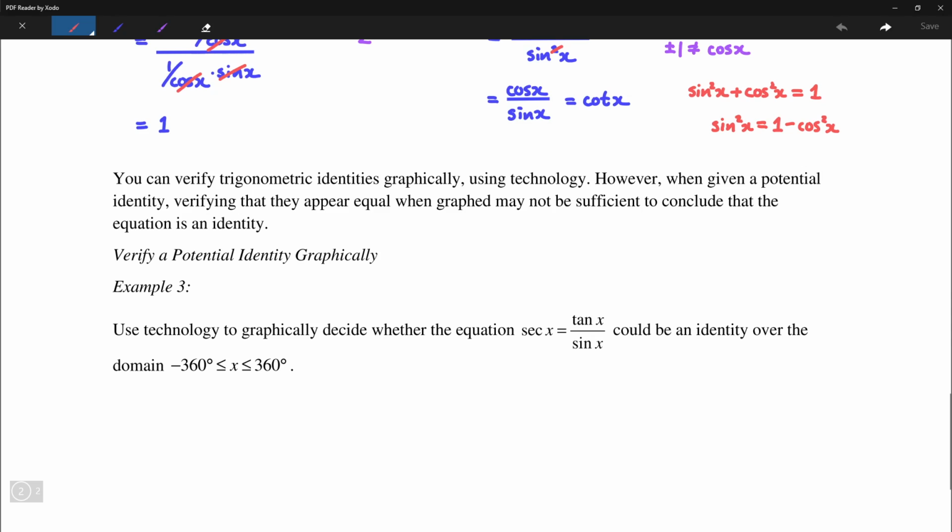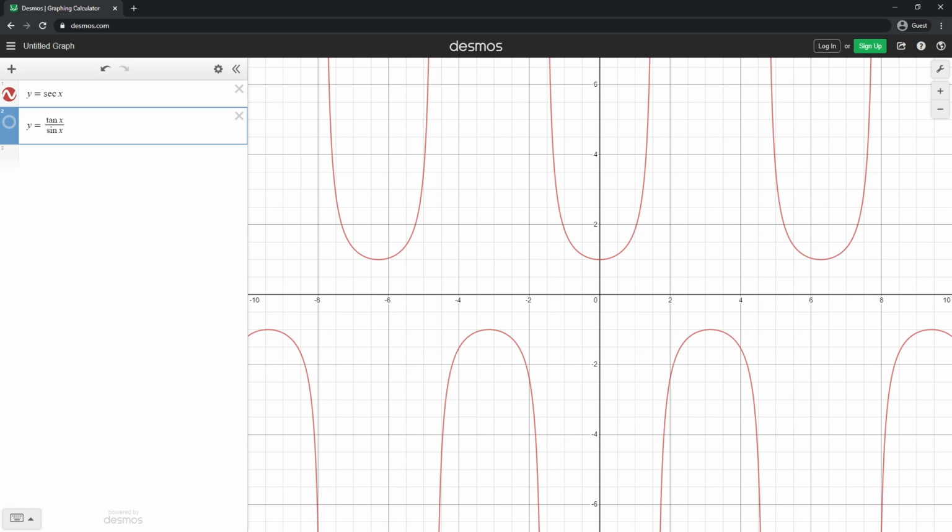So we'll plot it on Desmos, something like this here. The function in red is y equals secant x, and in blue we have y equals tangent x over sine x, and as we can see, the two graphs overlap each other perfectly, so we know that they're equal to each other, at least from what we can see.